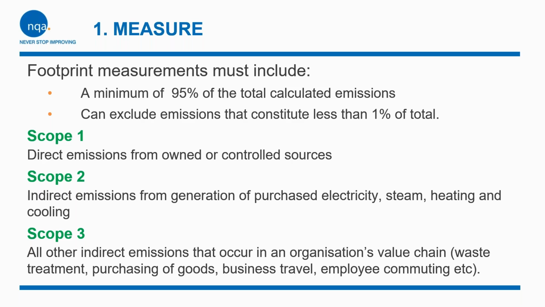There we go. I might add that in just to stop those sorts of questions coming through again. Purchasing of goods and services, business travel, employee commuting, etc., etc., etc. And for most companies, scope 3 is probably in excess of 75% of the total carbon footprint.